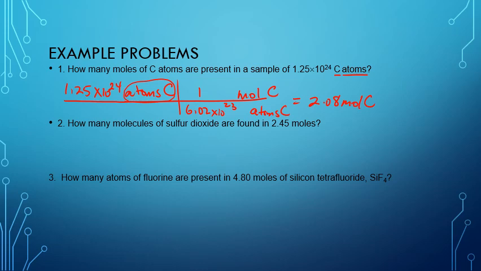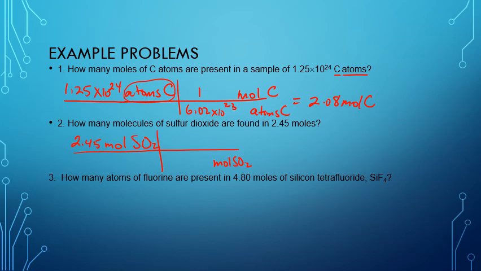Now, for our next example, sulfur dioxide, that is SO2. I would not expect you to know that yet. So when I look at this, I would start with 2.45 moles of SO2. And now I have the moles in the numerator, so I need to have the moles of SO2 in the denominator to make them cancel, and I can do molecules of SO2.